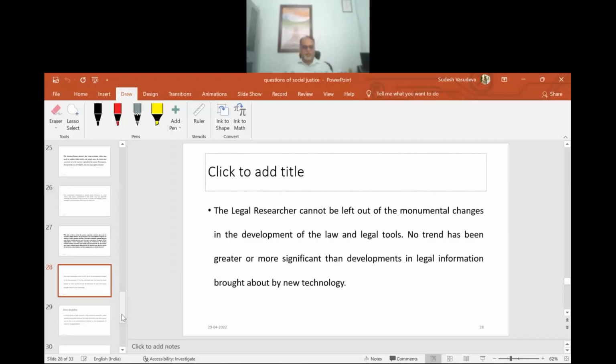So when you try to answer questions of social justice, we need to understand what are the principles which provide a starting point for the pursuit of social justice. What is the point which helps us to start answering the questions of social justice?